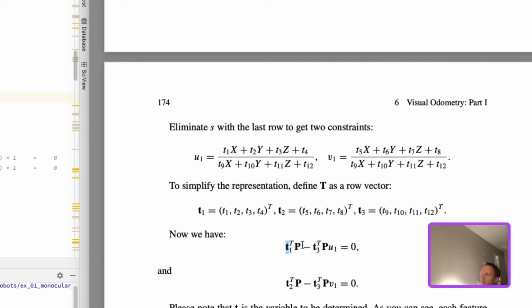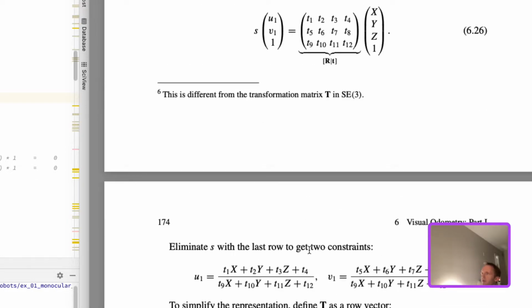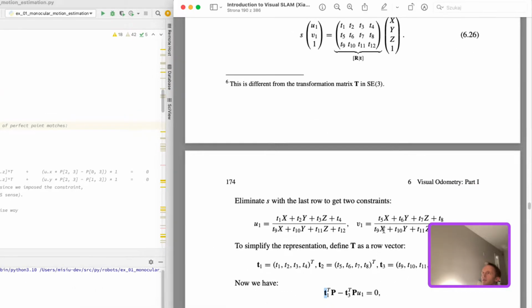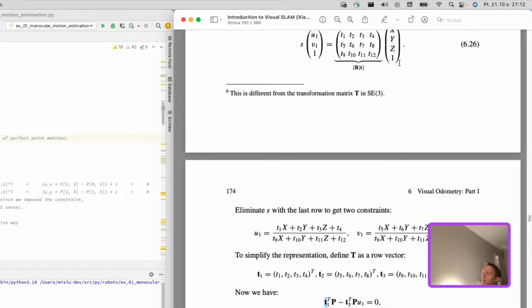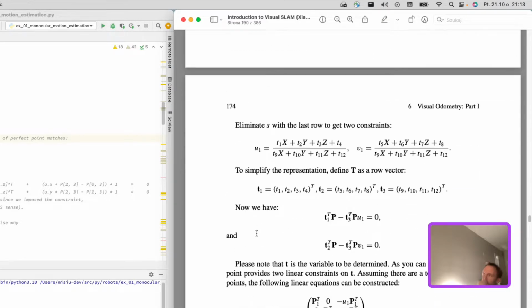Okay, so we have the first row times P minus the third row. Does it make any sense? First row times P minus... yeah, this does make sense.